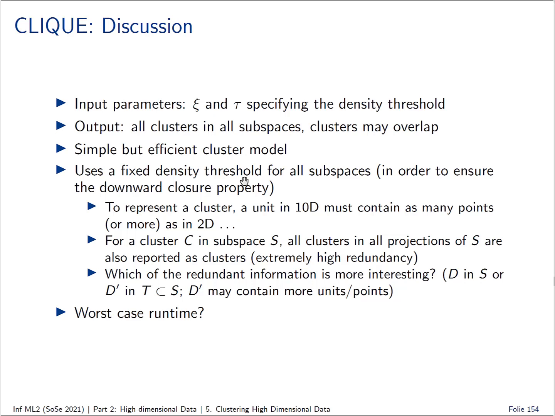At least this fixed density threshold is somehow a trade-off between many low dimensional clusters and a couple of higher dimensional clusters, or no higher dimensional subspace clusters, the other way around. Because for a cluster in subspace S, all clusters in all projections of S are also reported as clusters, because from those lower dimensional dense units we generated the higher dimensional ones.